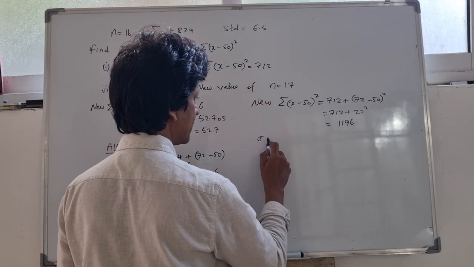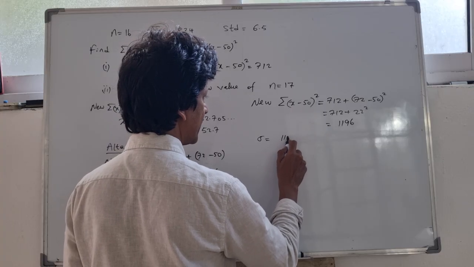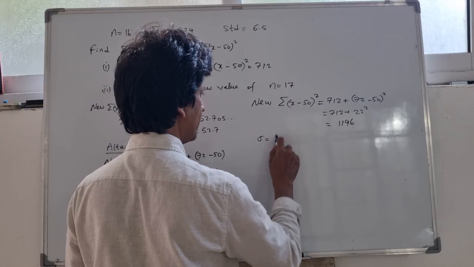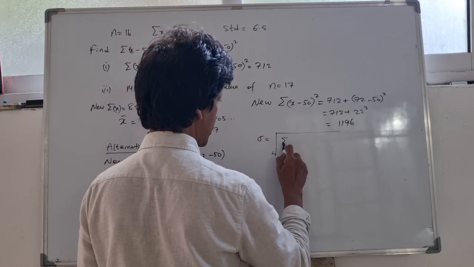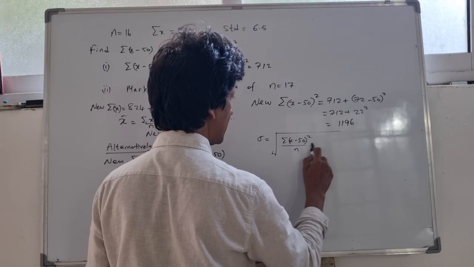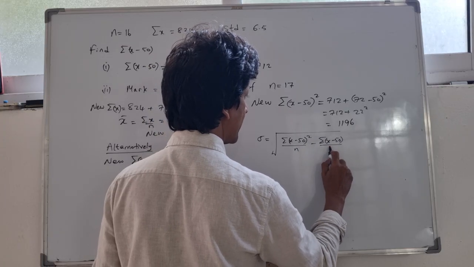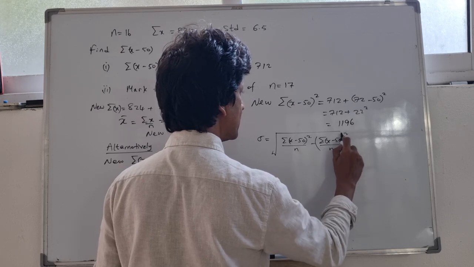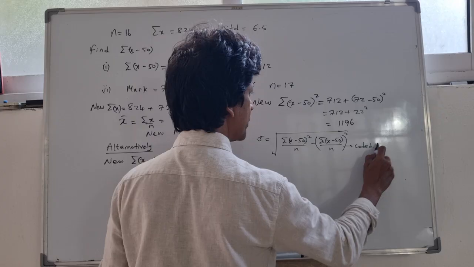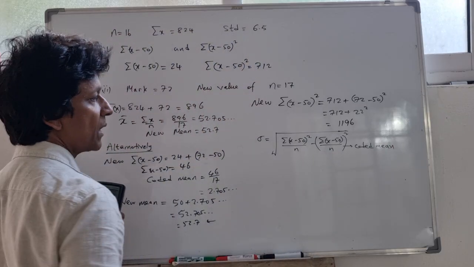For the standard deviation, I'm going to say it's going to be the square root of sum of x minus 50 all squared divided by n, minus sum of x minus 50 over n. Remember, this is always the coded mean.